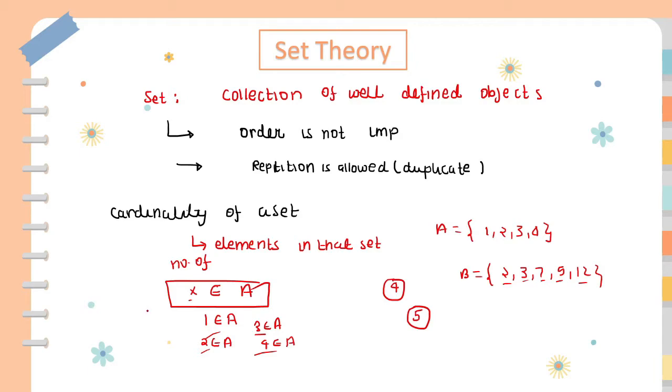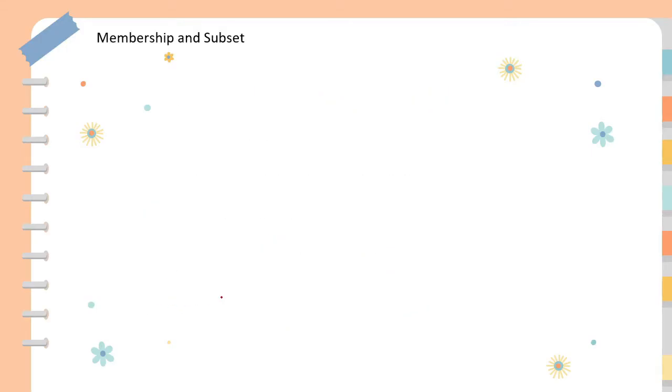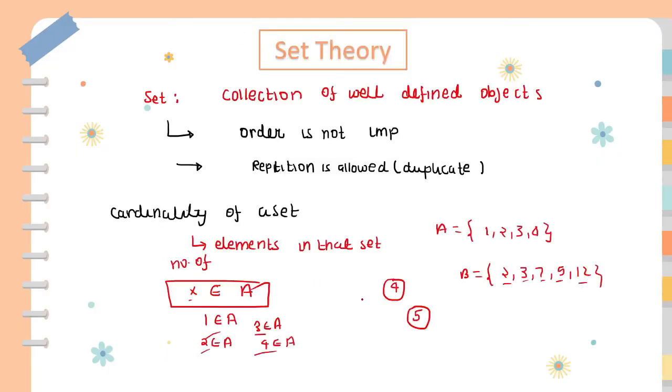So now we are done with the basic idea about set. Membership: I have told what is meant by membership. x belongs to A means x is a member of A. Okay, so that means x will be in A. This is the very generic idea.